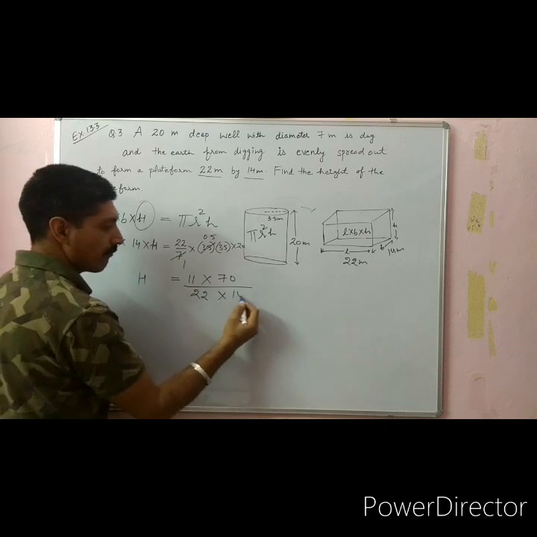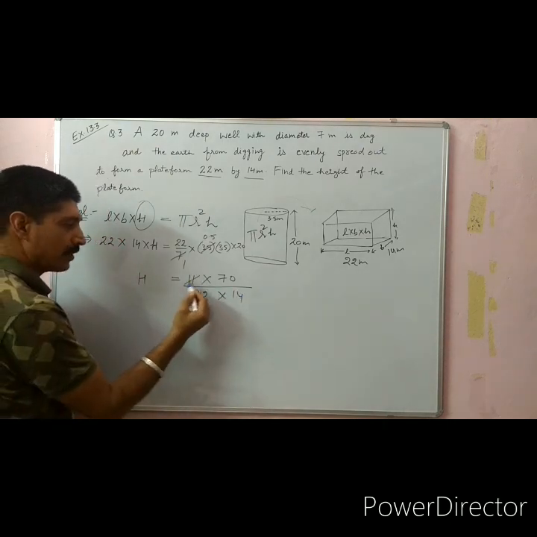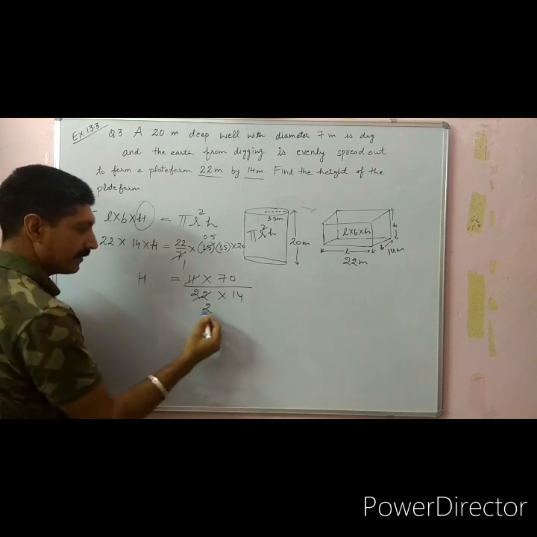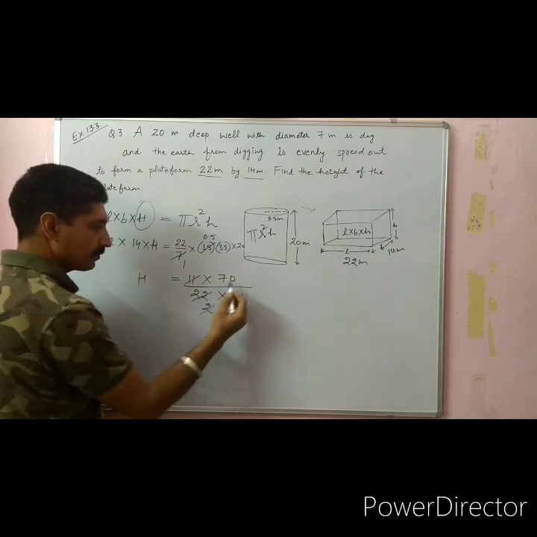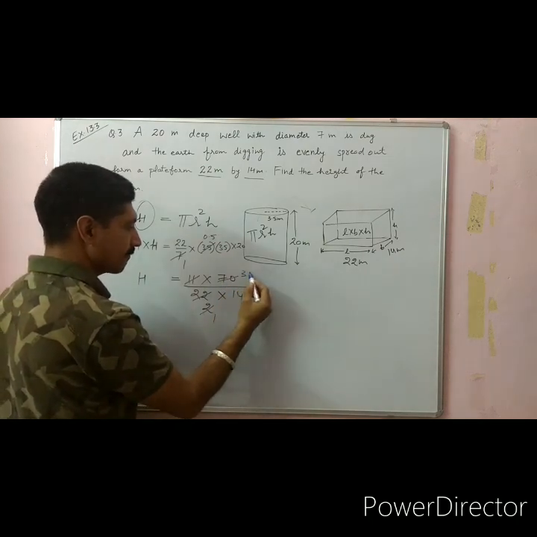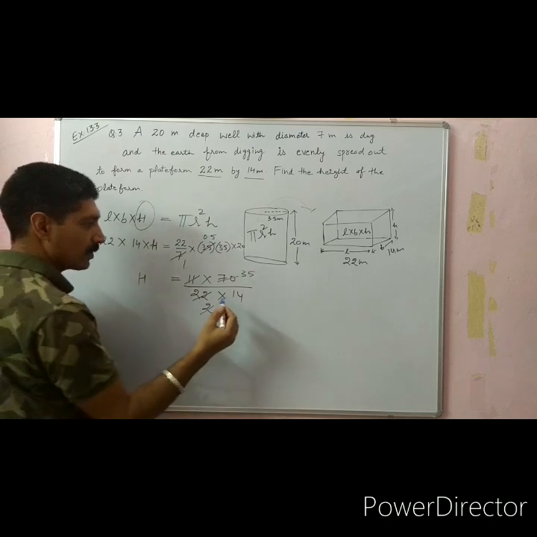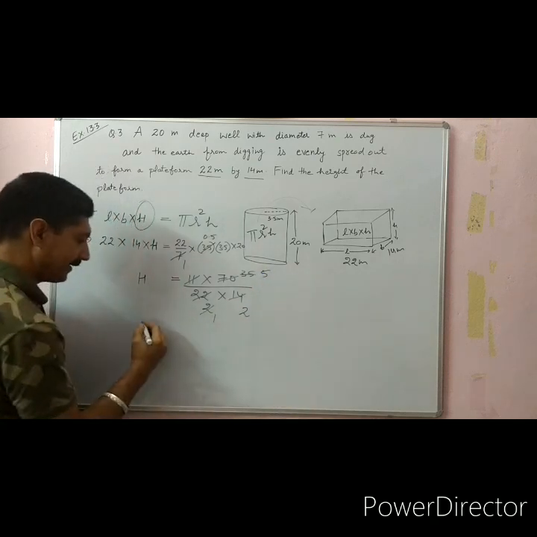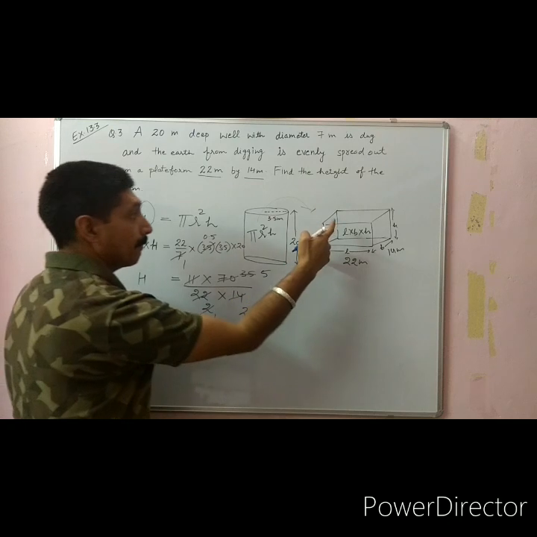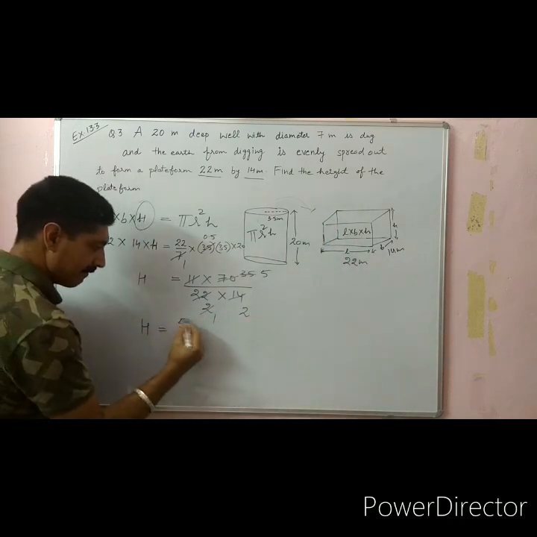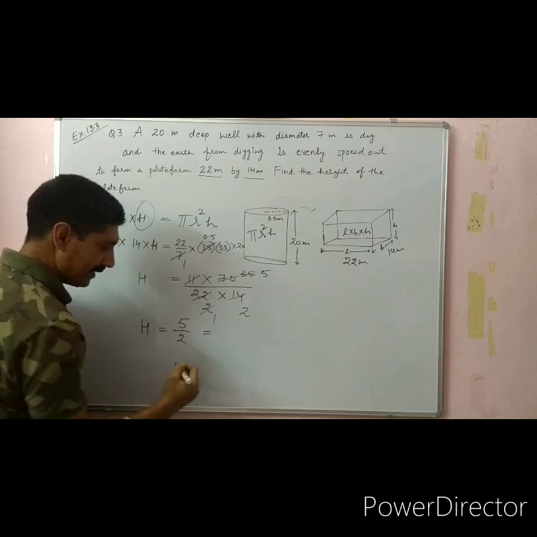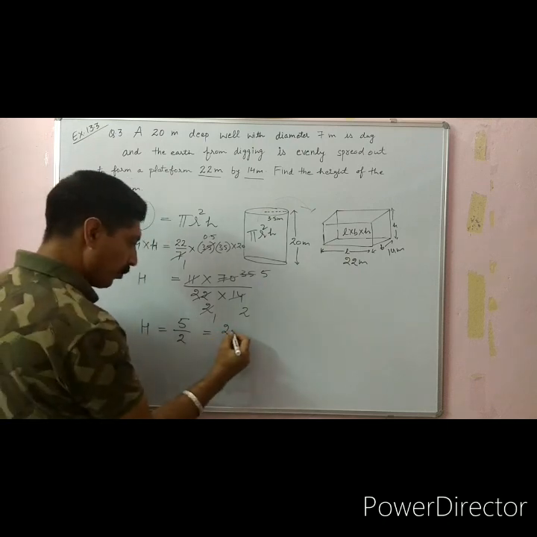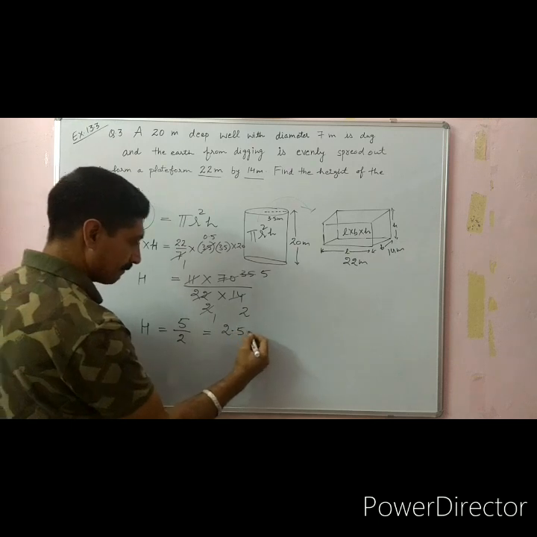22 into 14 here. So here 11 ones are 11, 11 twos are 22, and again we have 2 ones are 2, it is 35, and we have now 7 ones are 7, twos are 14, and 7 fives are 35, so the height of this platform is 5 divided by 2, that is equal to 2.5 meter.